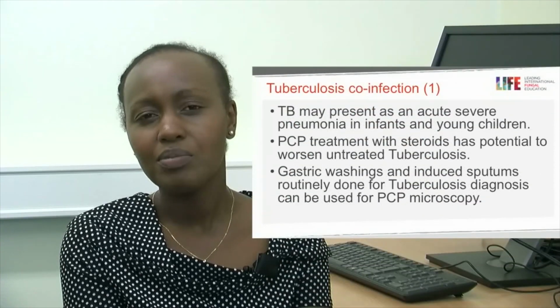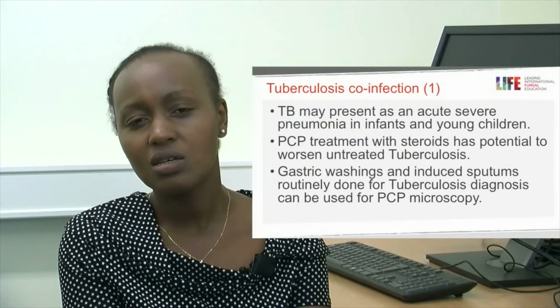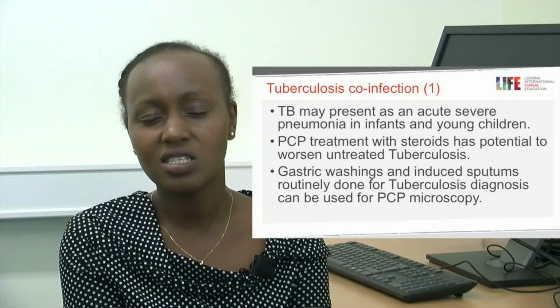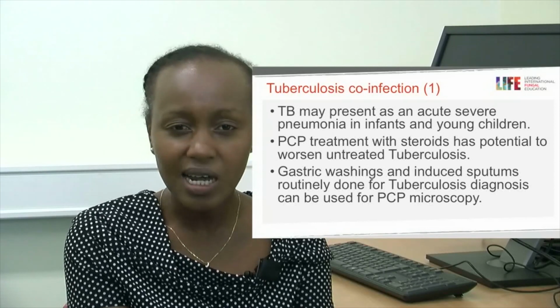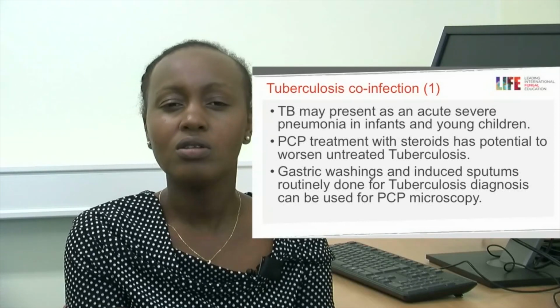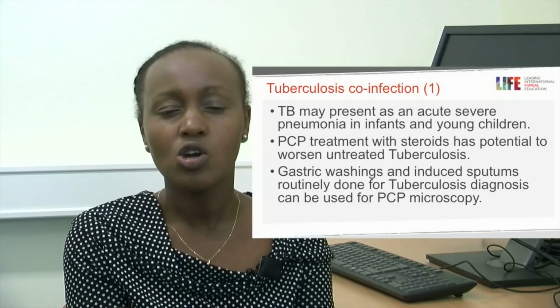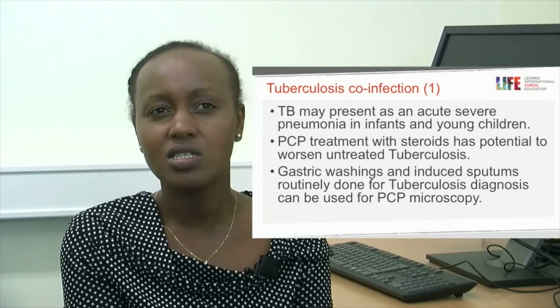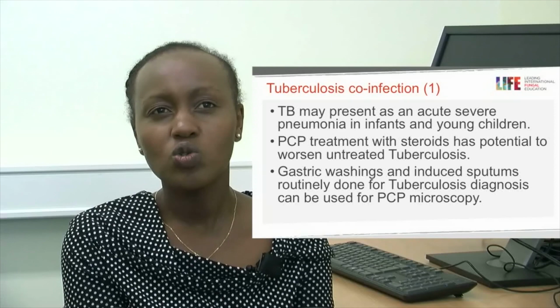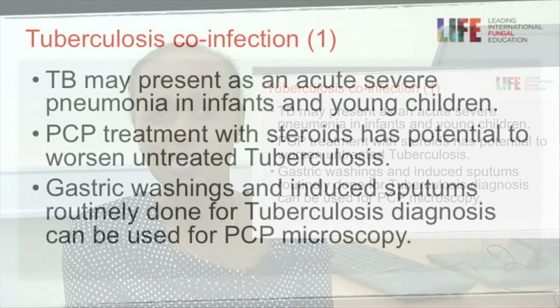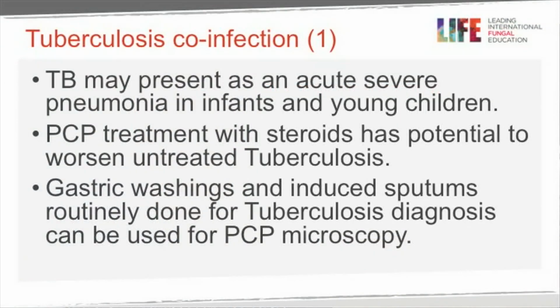Tuberculosis co-infection is one of the big ones, because there's been a lot of debate about putting patients who have Pneumocystis pneumonia on cotrimoxazole and steroids when you have not been able to rule out TB. What we have to remember about tuberculosis is that it can present as an acute severe pneumonia in infants and young children, and it's true that steroids have the potential to worsen untreated tuberculosis.